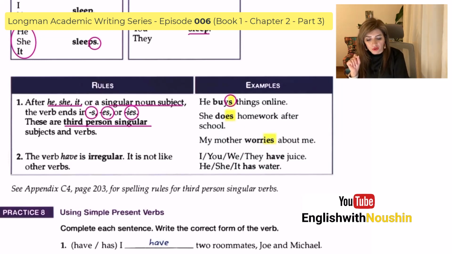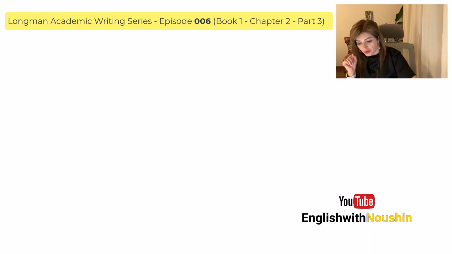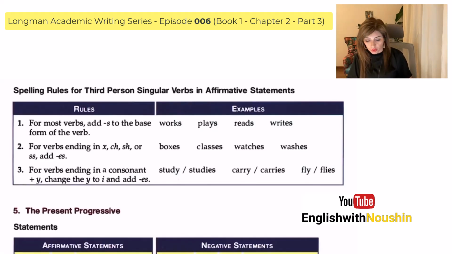Let's see, when do we use ES and when do we use IES? In your book, if you go to page 203, it tells you the rules. Quite an easy rule. You add just S to the base of the verb. Simple, like works, plays, reads, and writes.